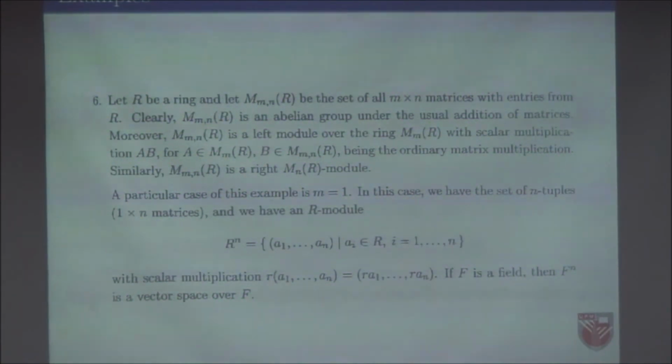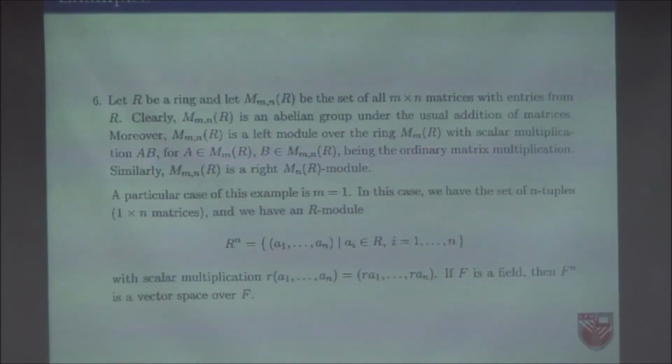How to define the R module structure? Here M_n means n by n matrices, quadratic matrices. Here, m rows and n columns.